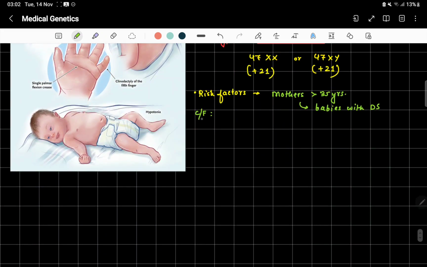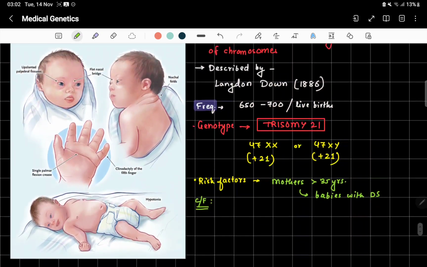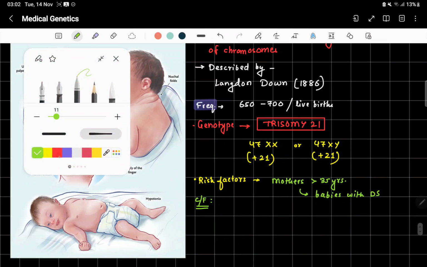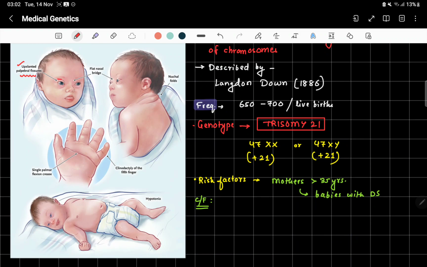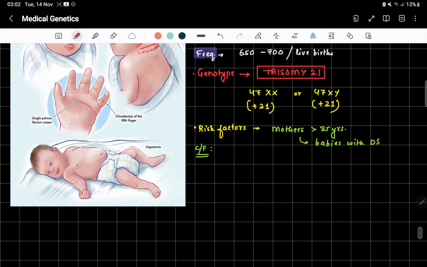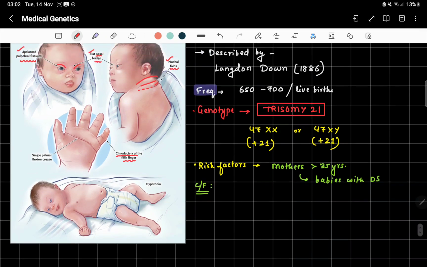Clinical features are important here. You can observe clinical features like upslanted palpebral fissure, flat nasal bridge, and nuchal folds in the cervical region. Clinodactyly of the fifth finger.